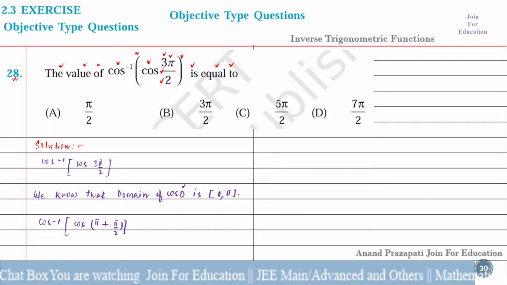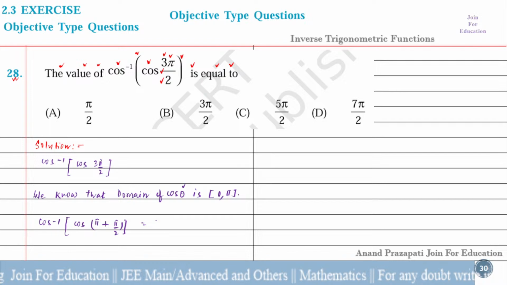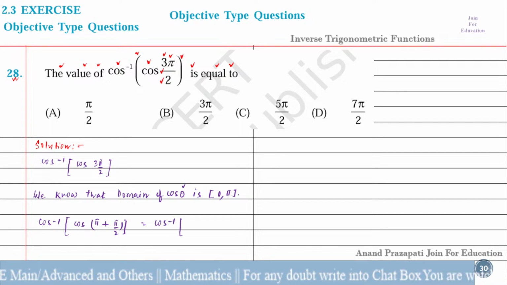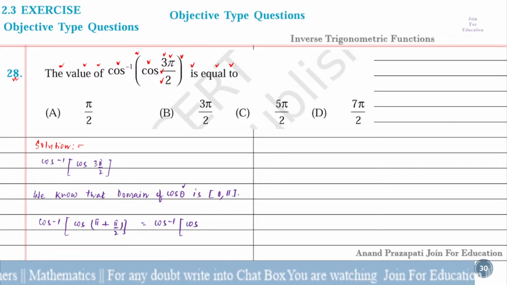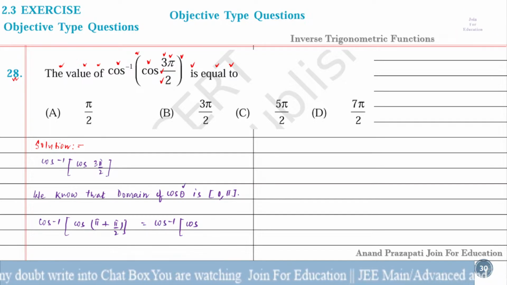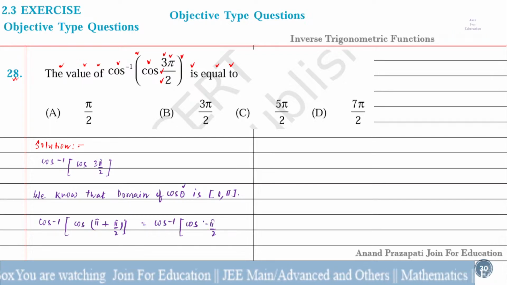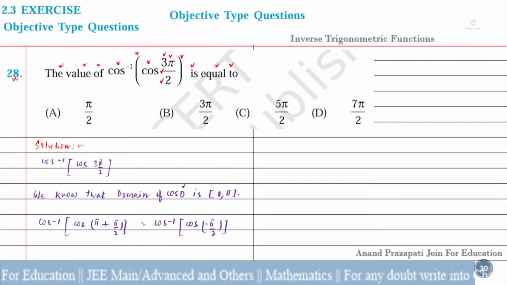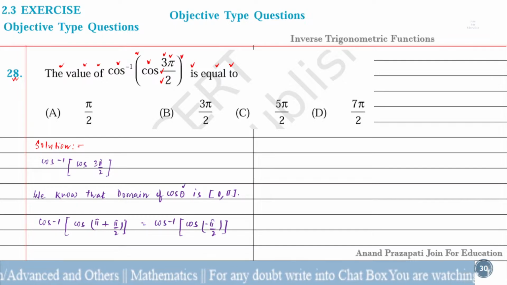So we write down here cos inverse cos minus pi by 2 and cos minus theta equal to cos theta.